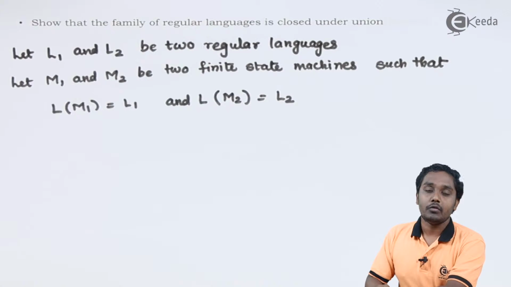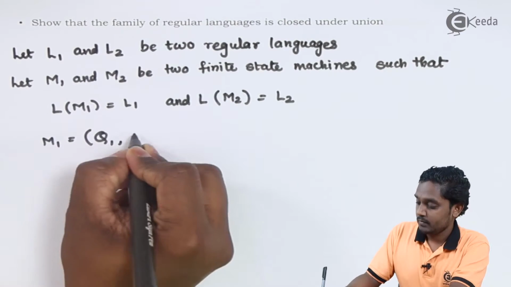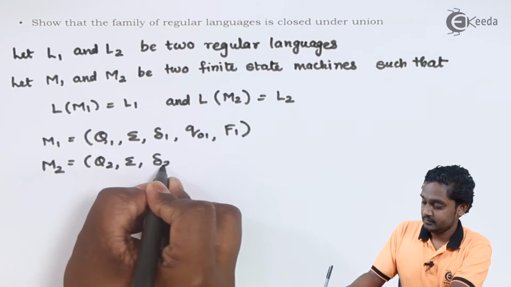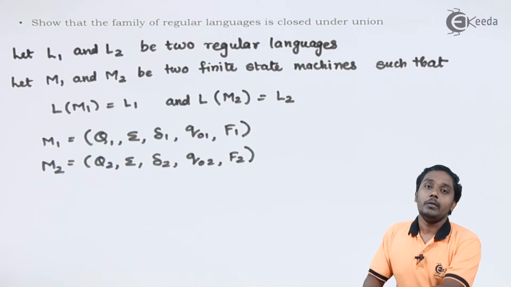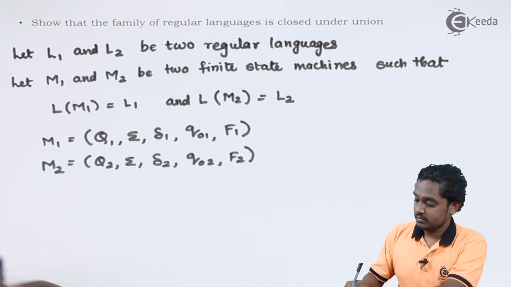Now, let us try to define the machines M1 and M2. Now, let us try to define a machine which is a union of both M1 and M2.